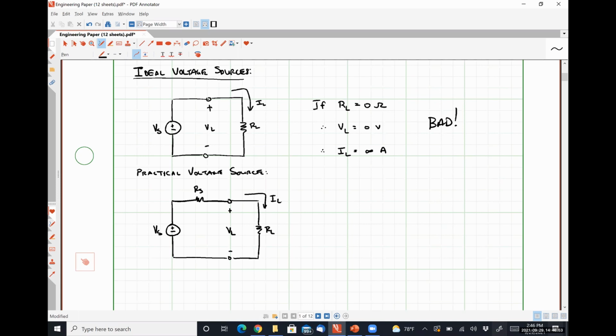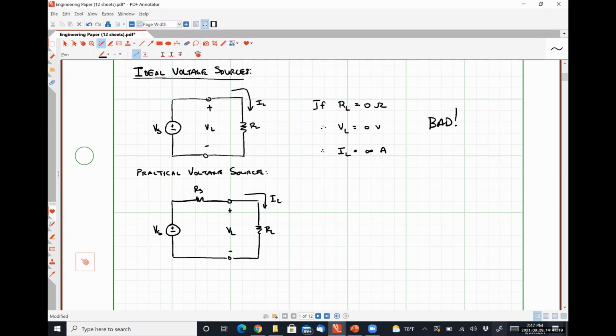Yeah, so typically speaking, the resistance of a voltage source is very, very small. In fact, the larger the resistance of a real voltage source is, the worse that thing behaves as a voltage source, because as that resistance RS gets larger, that means the voltage drop across that resistance RS also gets larger because of Ohm's law.